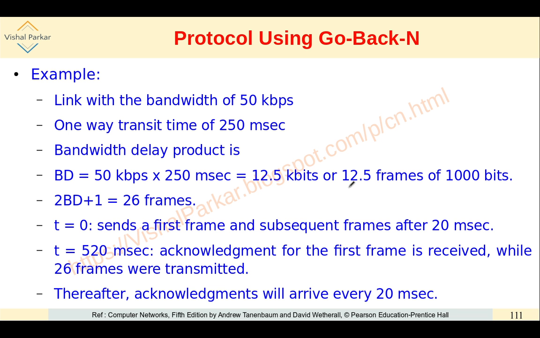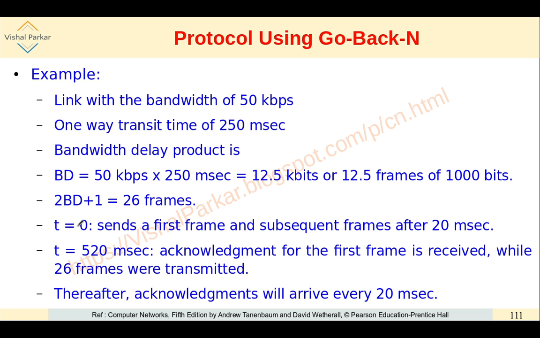That means 12.5 frames of 1000 bits, because it is 12.5 kilobits. Now 12.5 is BD, and that's why 2BD is 25 plus 1, 26. So the value for W comes out to be 26 frames.